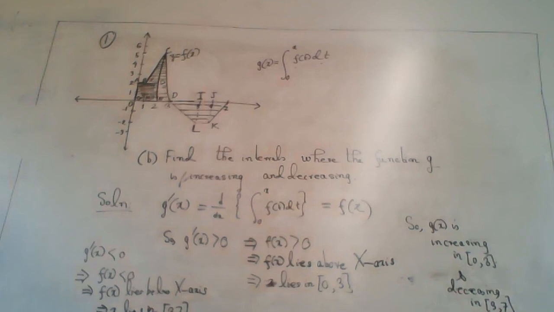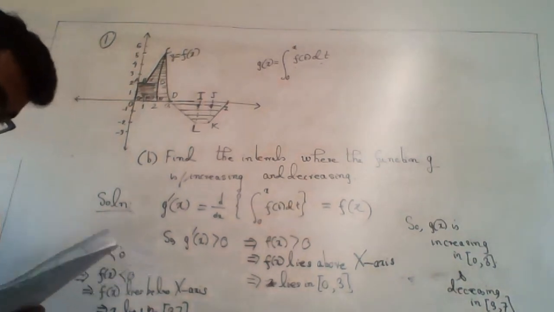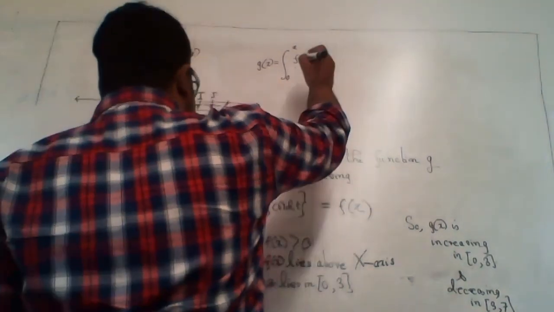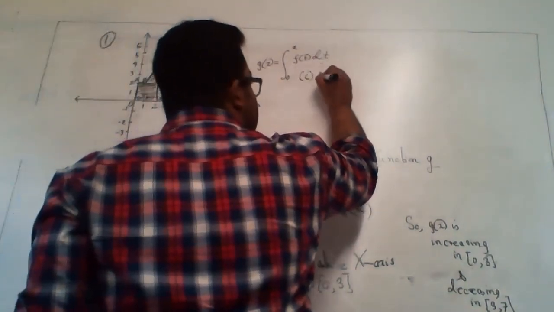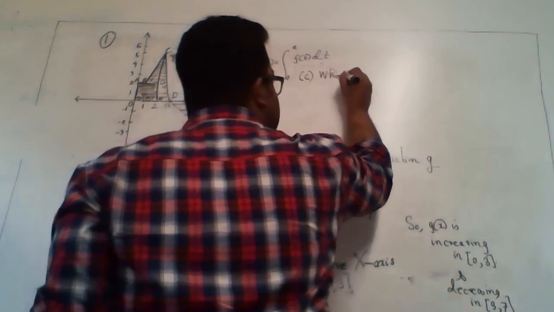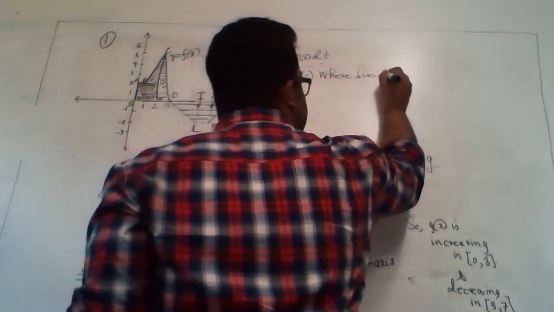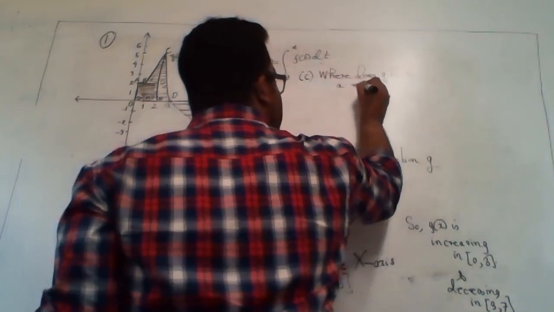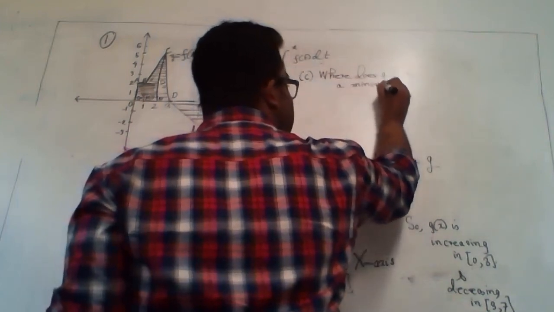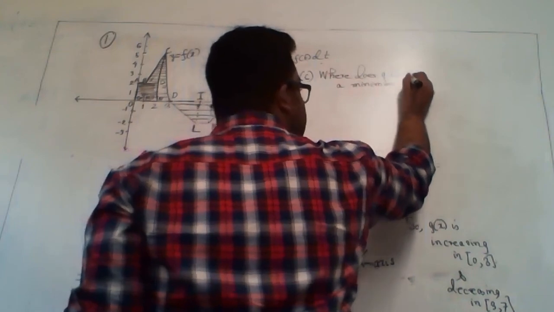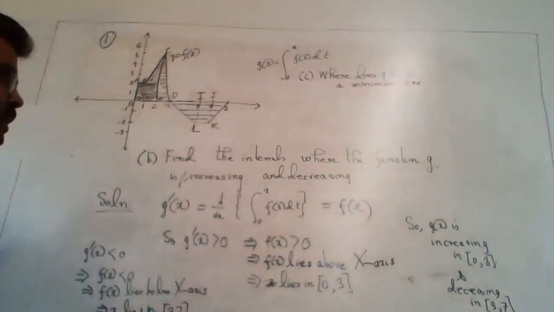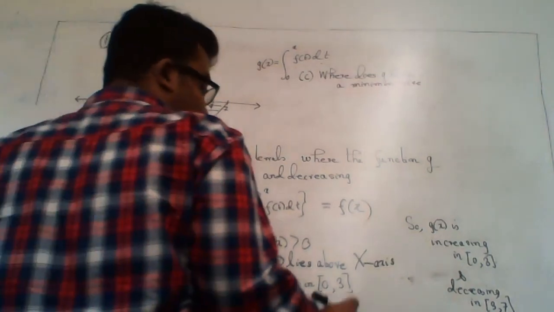Now the last part of this problem: where does the function g have a minimum value? This is very, very important. This is very, very easy also. So this is my third last problem.